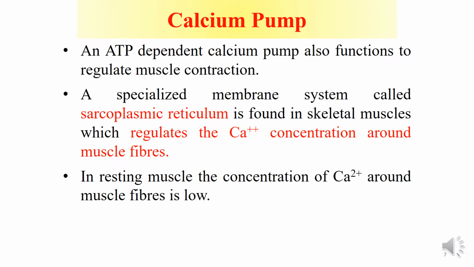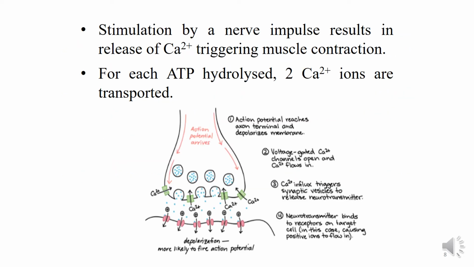In resting muscle, the concentration of calcium around the muscle fiber is low. So stimulation by nerve impulse results in release of calcium. All the calcium is released, triggering a muscle contraction. For each ATP hydrolyzed, 2 calcium ions are transported. So this is the whole neuromuscular contraction mechanism.